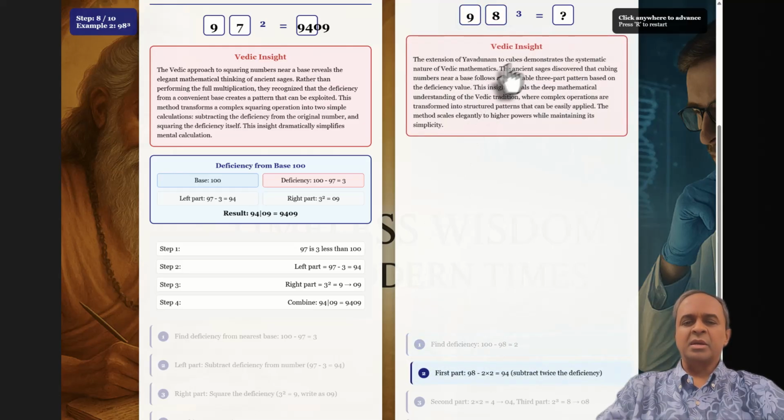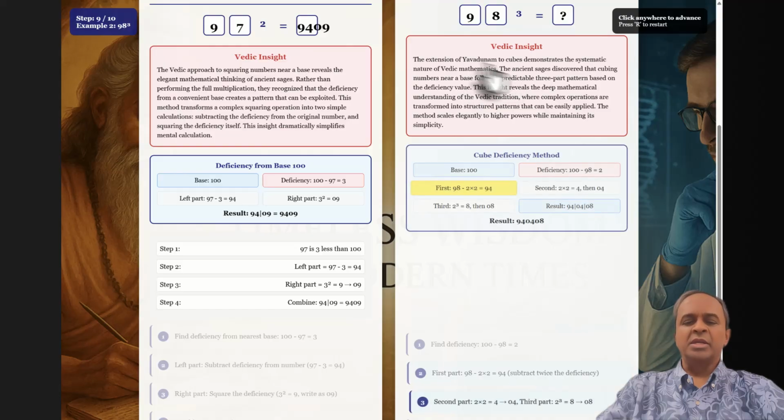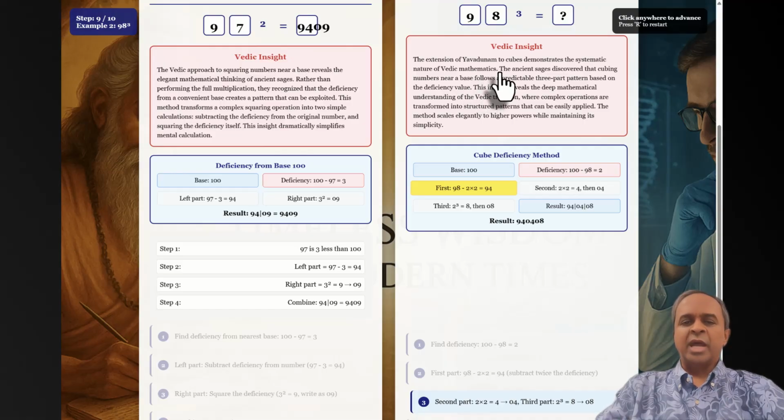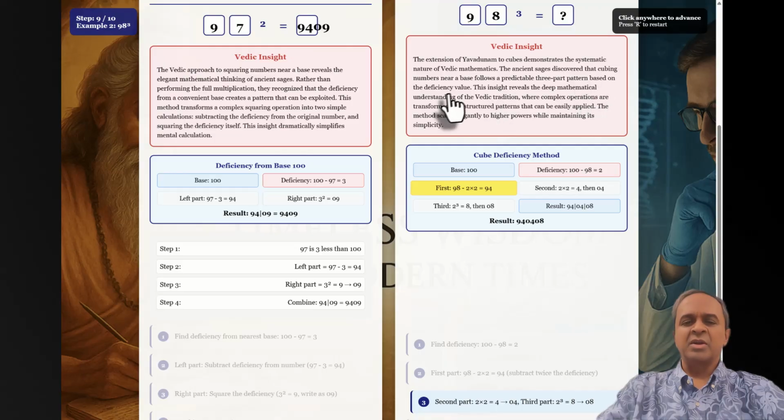Just to understand how this works, Yavadunam applied to the cube demonstrates the systematic nature of Vedic mathematics. The ancient sages discovered that cubing numbers near a base follows a predictable three-part pattern based on the deficiency value.